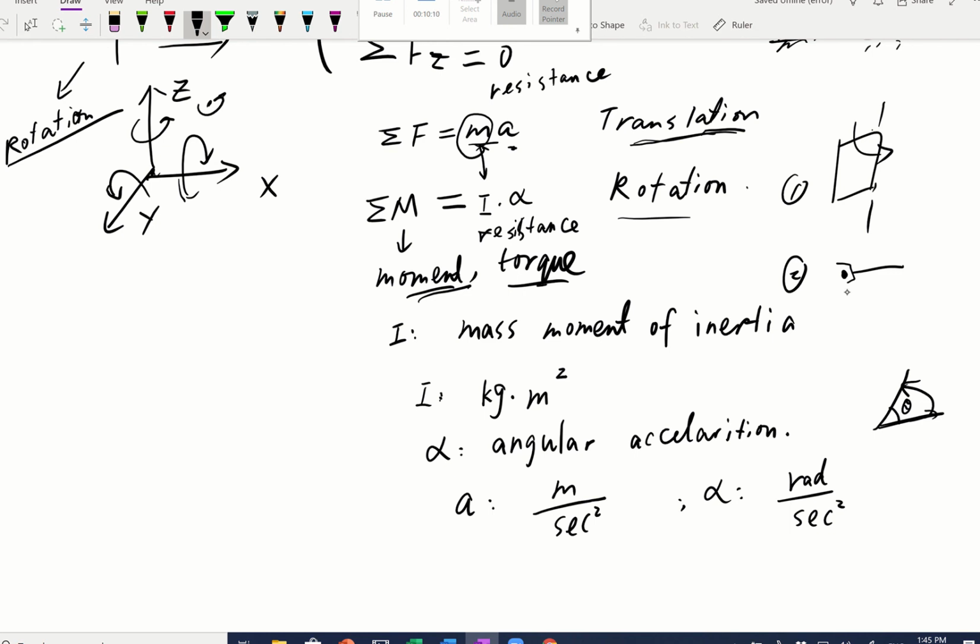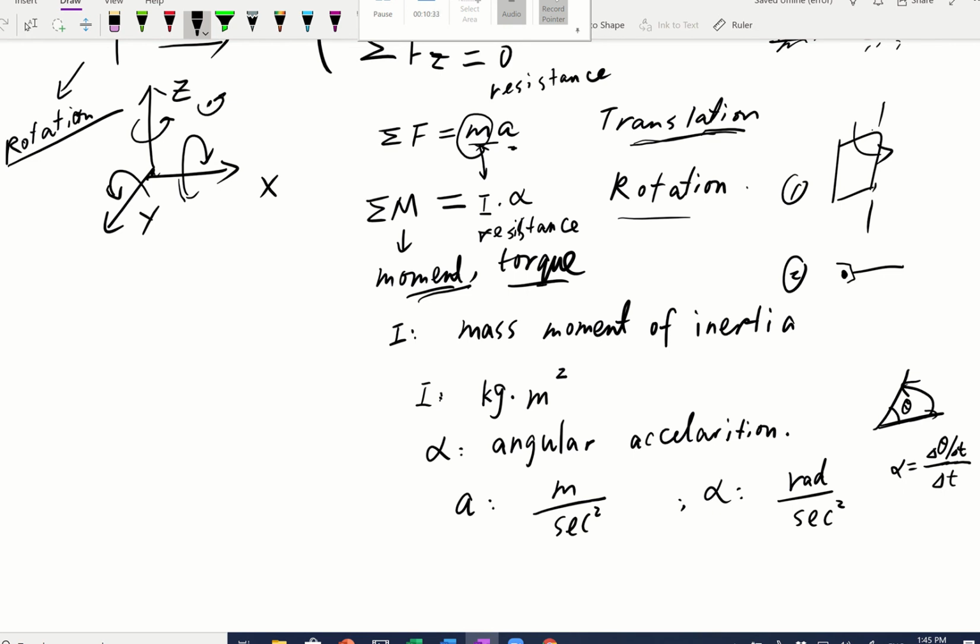Because let's quickly review: alpha is going to be the change in angle divided by time. That's going to be angular speed here. Then divided by time again. So that's going to be radians per second square.